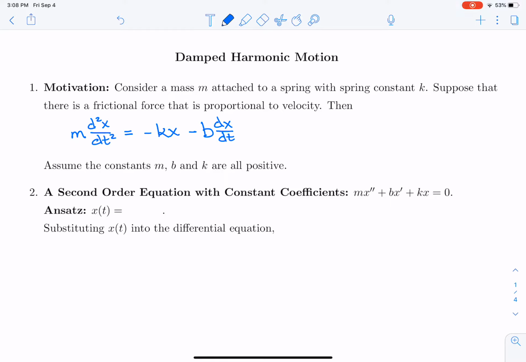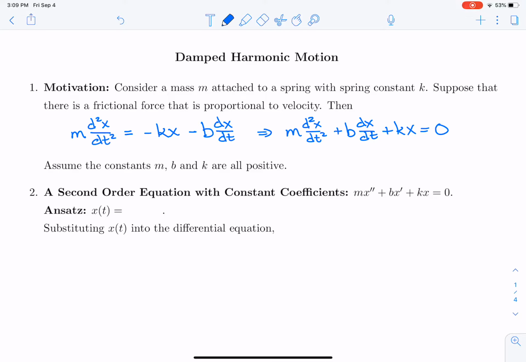Now, we can rearrange this equation so that it's actually m times the second derivative of x with respect to t squared plus b dx dt plus k times x is equal to 0.